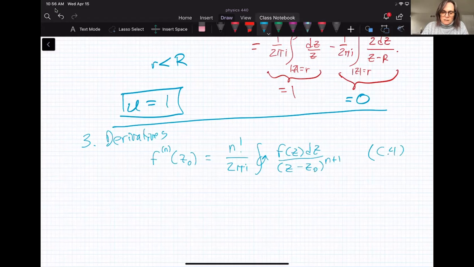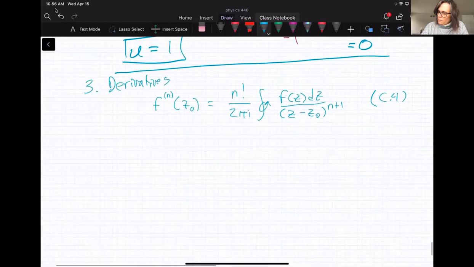We're going to state this, and ultimately this is headed toward essentially a complex function version of Taylor expansion.